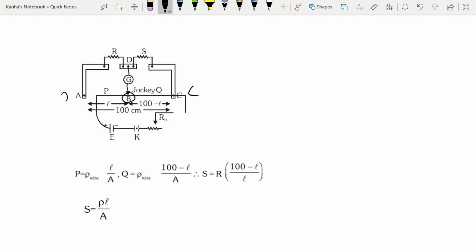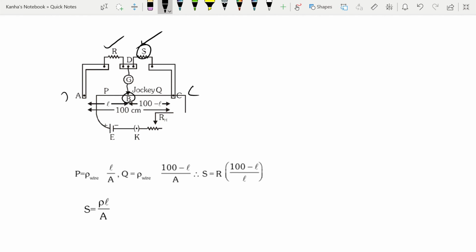Okay, these are the two lengths. AB is given as L and BC is 100 minus L. Okay, and R is the known resistance in the system, and S is the resistance which we need to find.